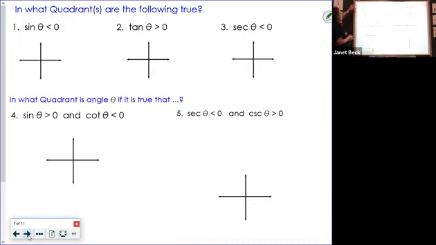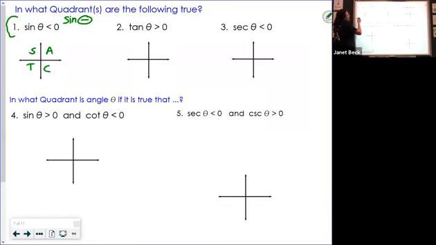So reading question number 1, you're being told that the sine of your angle is less than 0. If your sine is negative, one way you could do it is just say, well, sine is y over r, so it's telling you your y's are negative, but you could use angry Santa as well.